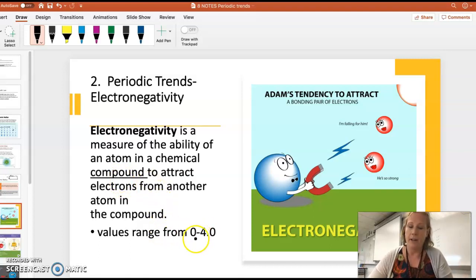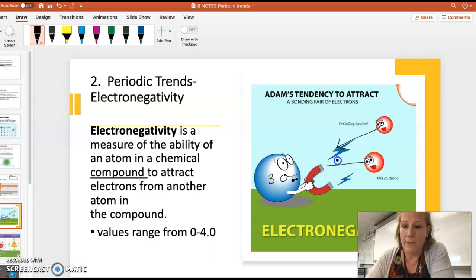The values are going to range from 0 to 4.0. So here's an atom. Let's say its electronegativity is 3.0. It's able to pull electrons towards itself fairly well. It would want to gain electrons.